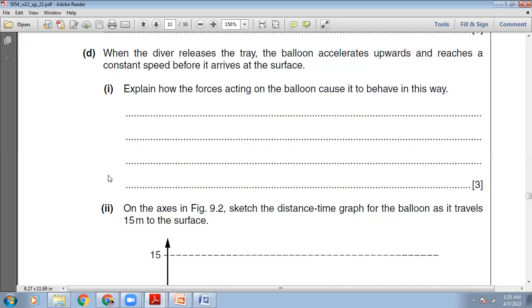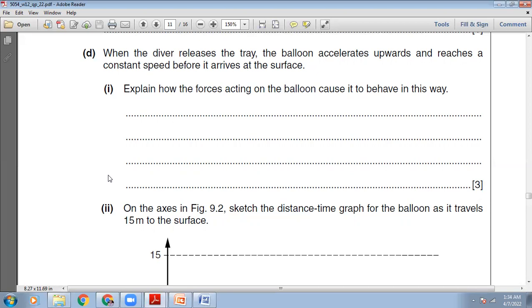As the balloon starts moving upward, its speed will increase, and when its speed increases, the water drag will increase, and the water drag eventually will become equal to the upthrust of the water, and that will be balanced.